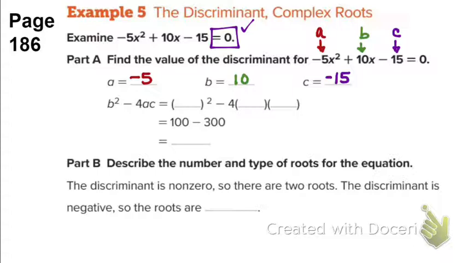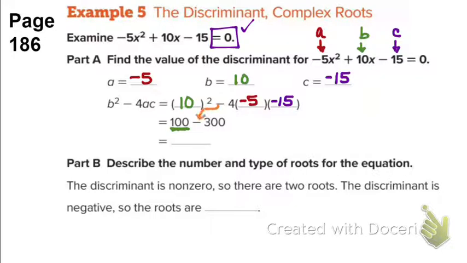We're going to substitute into the formula for our discriminant. So I want B squared, 10 squared, minus 4 times A, which was negative 5, times C, which was negative 15. When I take B and square it, 10 squared gives me 100.